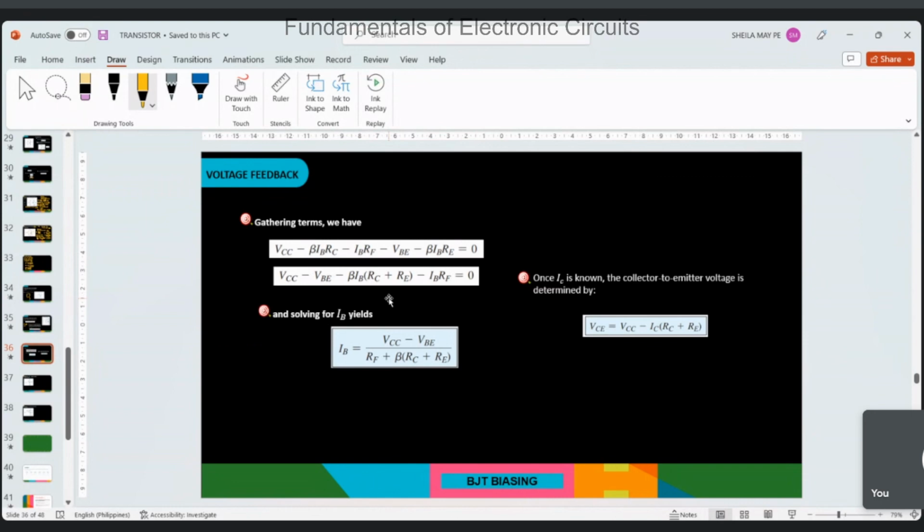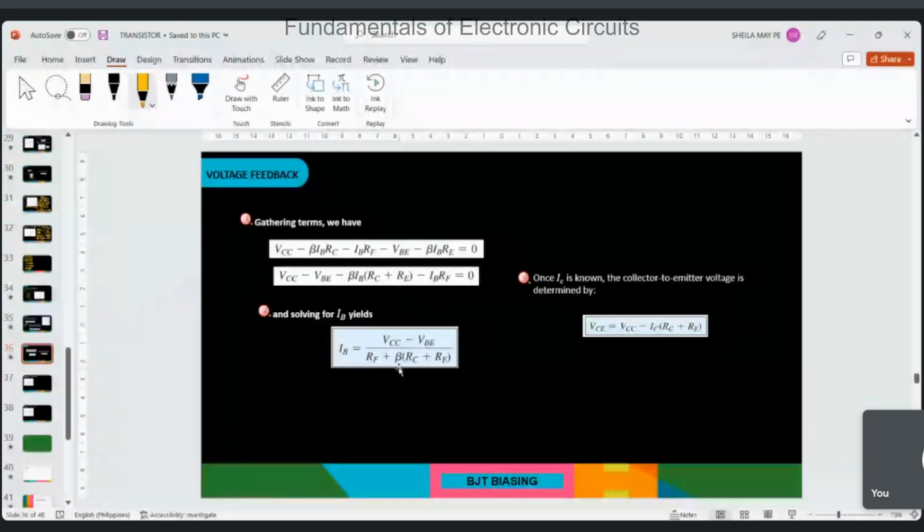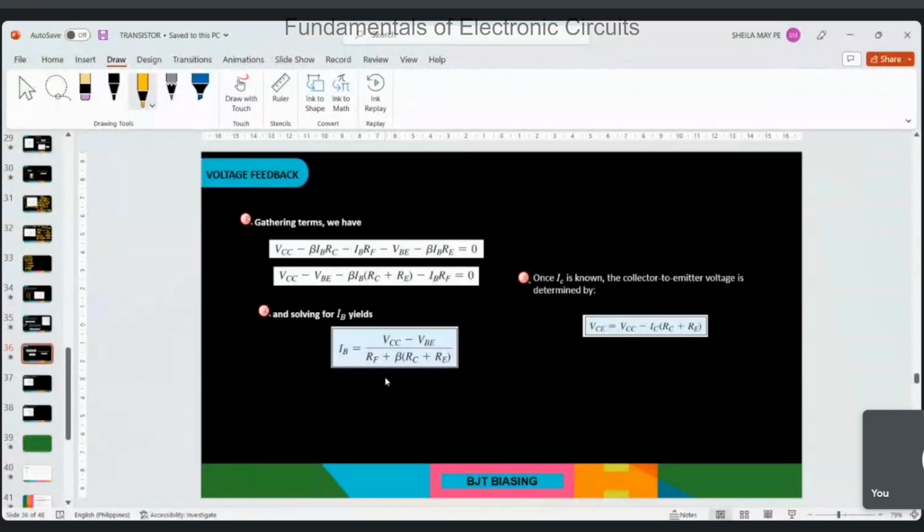And solving for IB yields, you manipulate it, the formula: IB equals VCC minus VBE over RF plus beta times RC plus RE. Follow? Yes, Miss. Okay. That's solving for our IB.